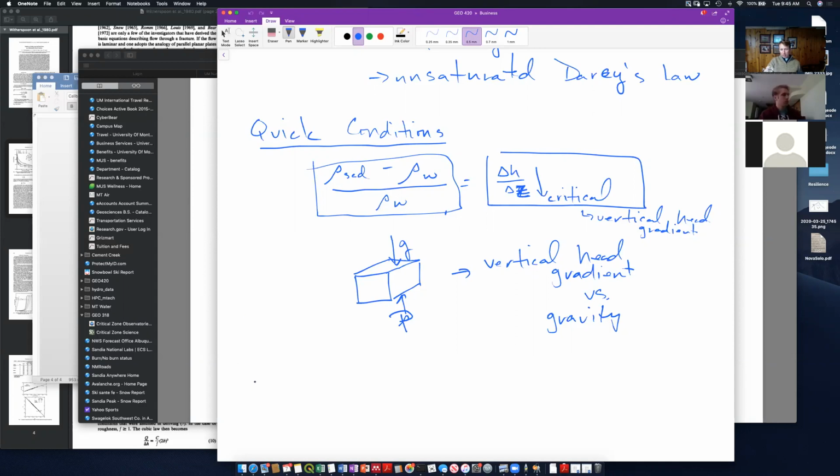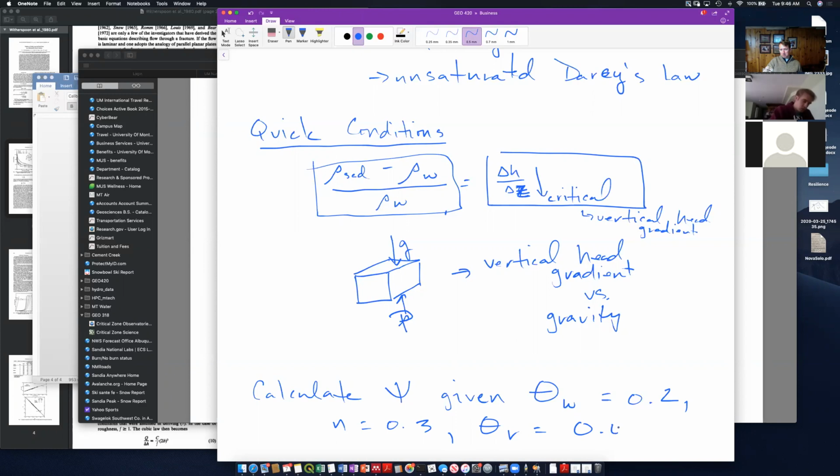One question might be: calculate the pressure head psi given theta sub w equal to 0.2, n equal to 0.3, theta sub r equal to 0.05.